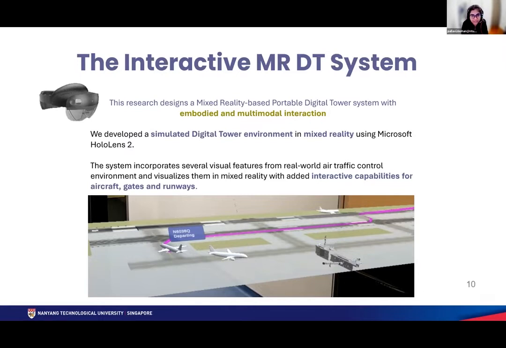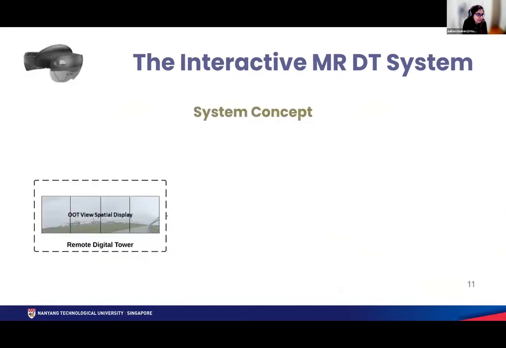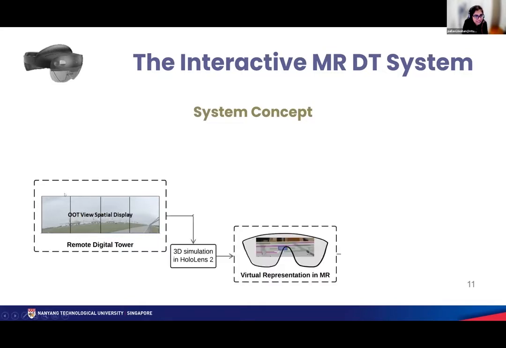Now, the picture you can see is a demonstration of a 3D application in mid-air, placed in a physical surrounding. This is what one sees inside the mixed reality headset when they put it on, with aircraft, gates, and a runway. So this is the overview of such a system, and an out-of-tower view from a remote digital tower is visualized in mixed reality, virtually inside the HoloLens 2, like we saw in the previous picture.